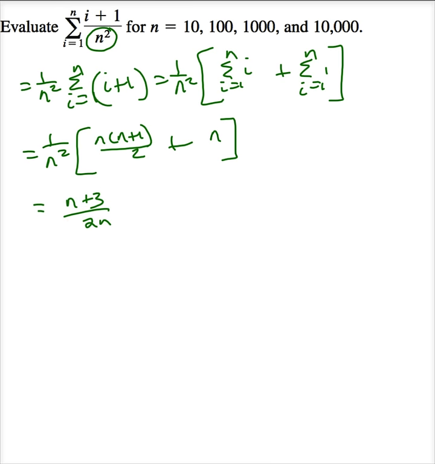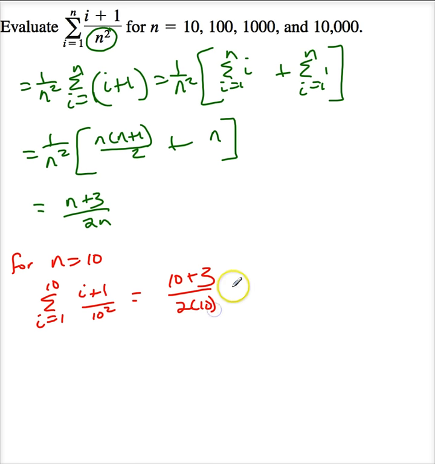So for n equals 10, the sum as i goes from 1 to 10 of i plus 1 divided by 10 squared is 10 plus 3 divided by 2 times 10, or 13 divided by 20.